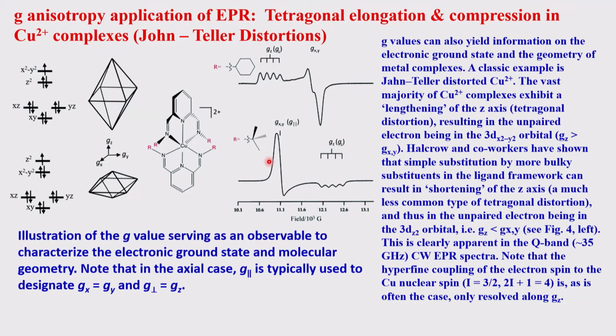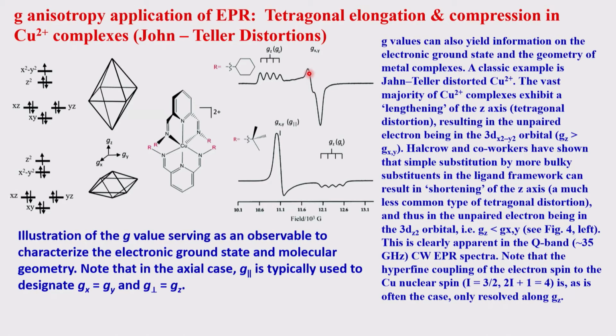So in this case A perpendicular is quite large, and here the A parallel is smaller. Therefore, it got merged. So I hope you understand, and whether this complex is in the state of tetragonal distortion, tetragonal compression or elongation, you can find from the EPR without going into the X-ray structure. Otherwise, it can be known only from X-ray.